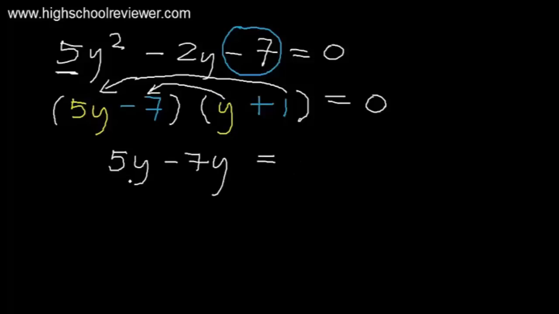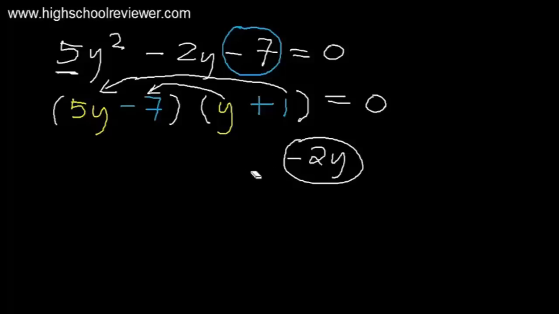So 5y minus 7y is negative 2y, which is equal to our second term, negative 2y. So we are now sure that these will be the final factors that we are going to use.